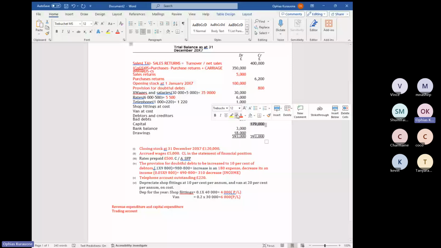You should be very careful. Sometimes the examiner might be very tricky. When the examiner writes 3,000 on the credit balance, it means it becomes a bank overdraft. So we need to be very, very careful. Then the drawings, 18,000. The drawings again, they reduce our capital in the statement of financial position.